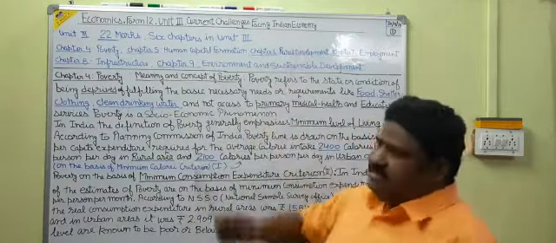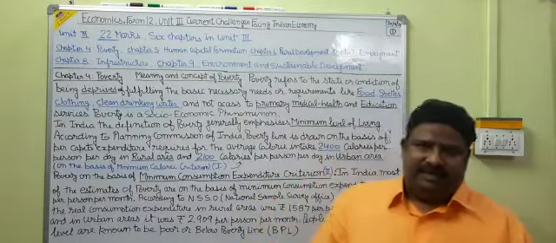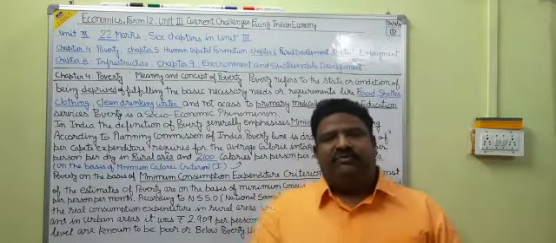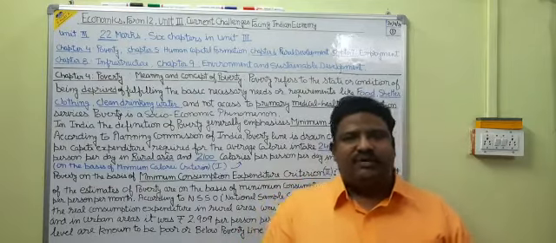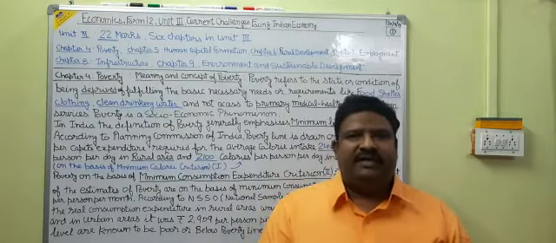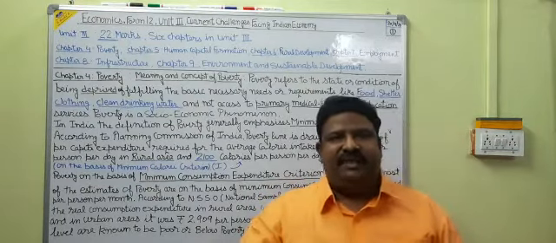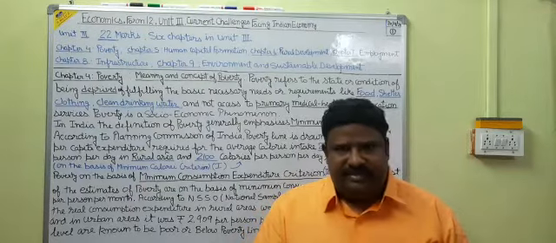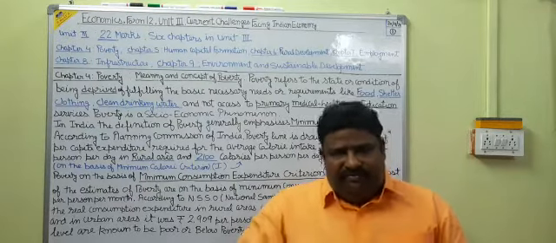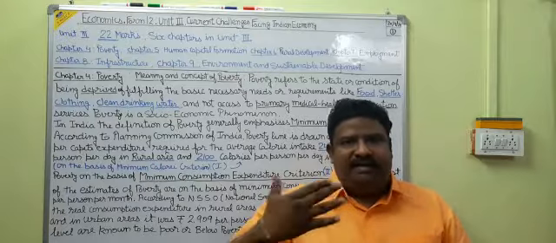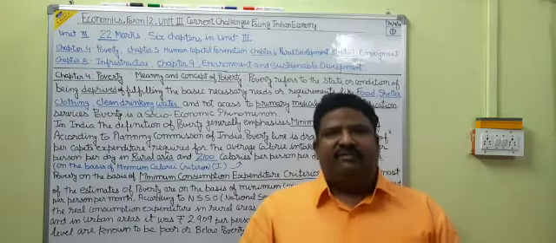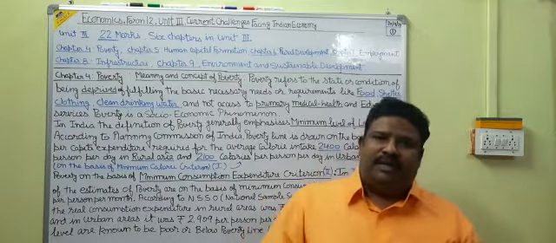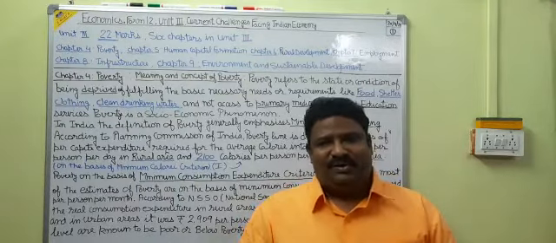In chapter number 6, we will see that around 60 to 70% of the population of India is still residing in villages or rural areas. So if we are able to develop our rural areas, our villages, then we are able to develop the Indian economy also.